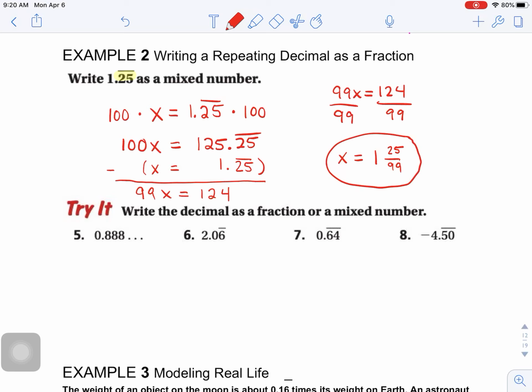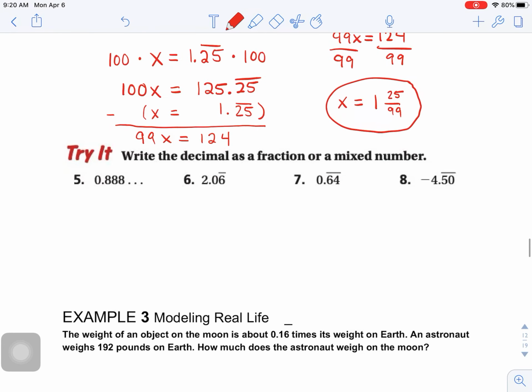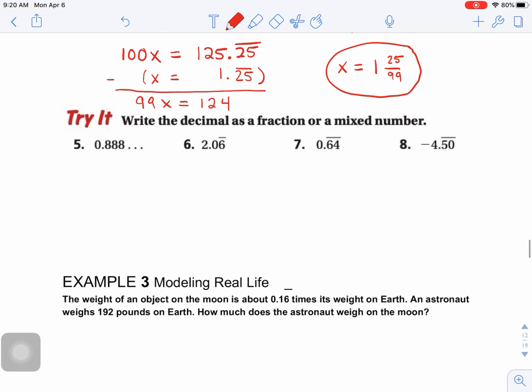We're going to try the same thing for the problems below. If I wrote problem 5 out, my original would be x equals 0.8 repeating. Only one number is repeating, so I'm going to multiply both sides by 10, which gives me 10x equals 8.8 repeating.